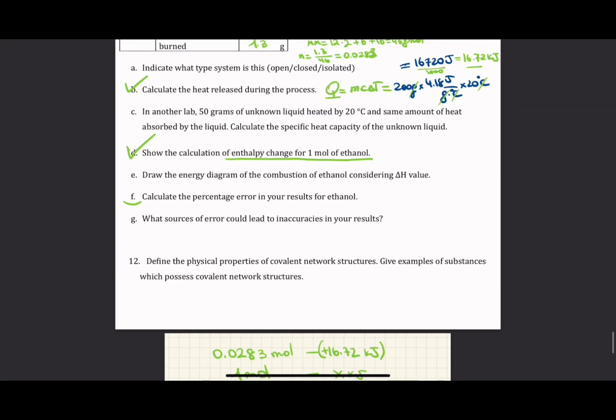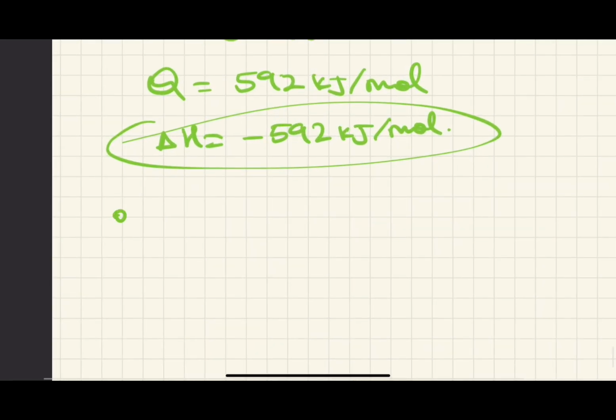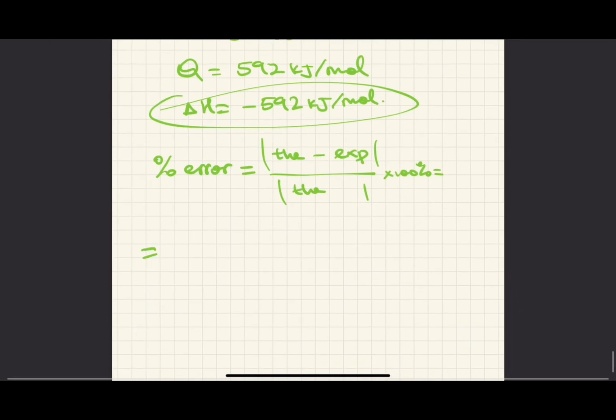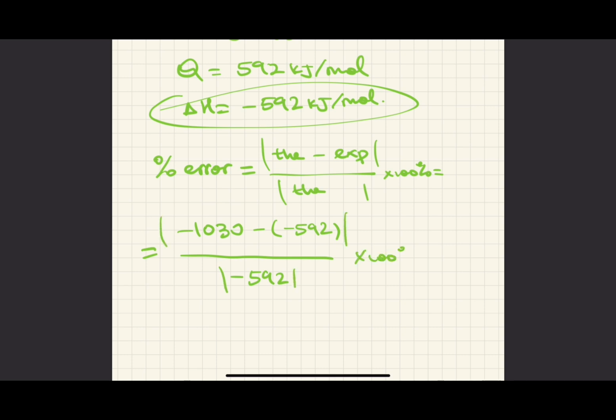So in the F, we know the percentage error equals theoretical minus experimental, divided by theoretical, multiplied by 100%, in modulus, right? So we know that our theoretical value is negative 1030, and then we subtract the experimental, negative 592, divided by negative 592, in modulus, multiplied by 100.